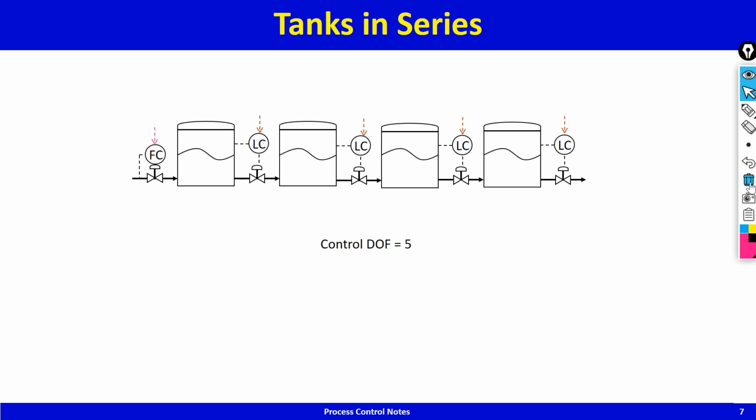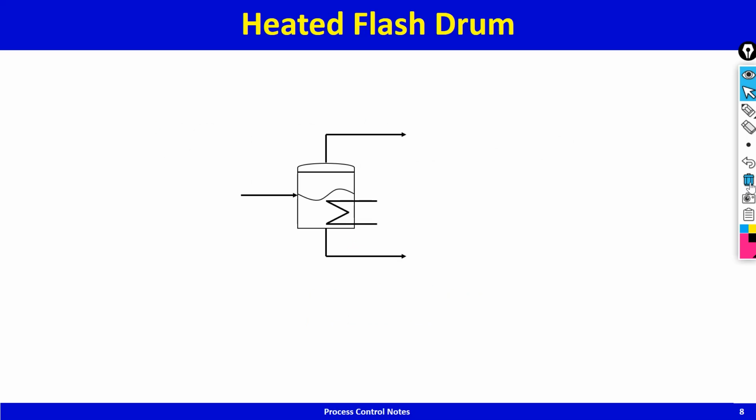So you've got 4 level set points and 1 flow set point, and these level set points, if the inventories are non-reactive, have a transient effect, have a dynamic effect, no steady state effect, and therefore we have steady state operation degrees of freedom is 1, which is the inflow, and dynamic degrees of freedom are 4, which are the level controller set points. Okay, let's have a heated flash drum.